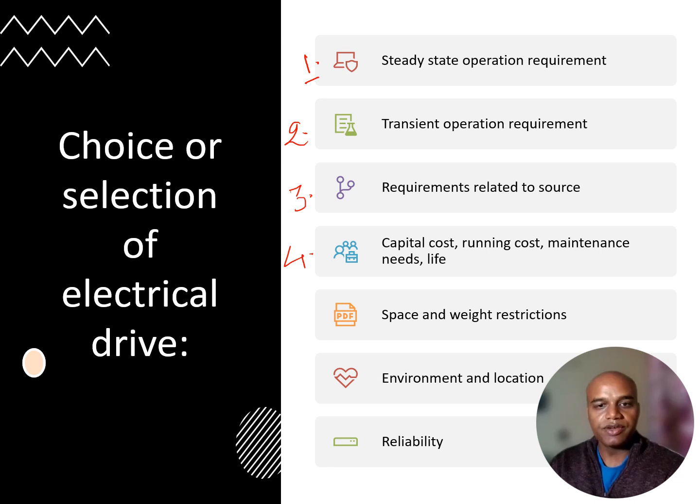And the fifth is the space and weight restriction, which is again a critical factor and very important in the case of the electric vehicle. Why? Because we have confined space, and also we need to reduce the weight, because otherwise the efficiency of the overall EV will drop down. The sixth is the environment and the location, and the seventh is of course the reliability.